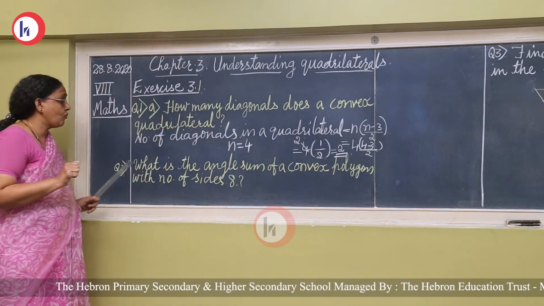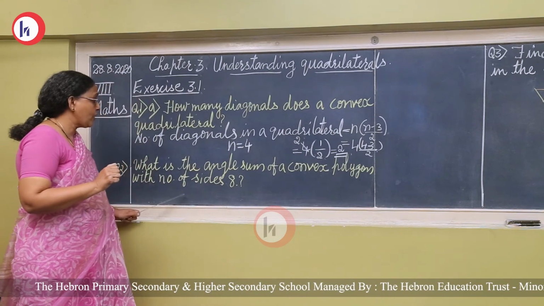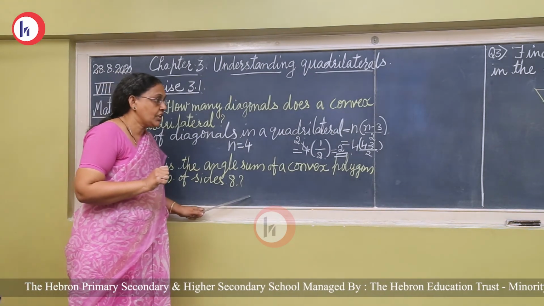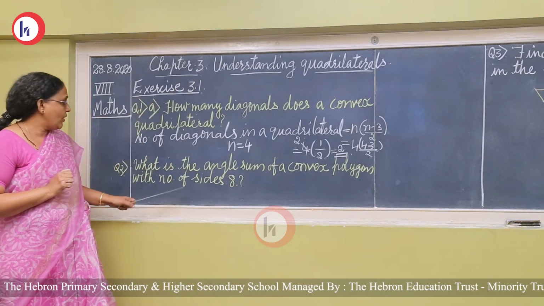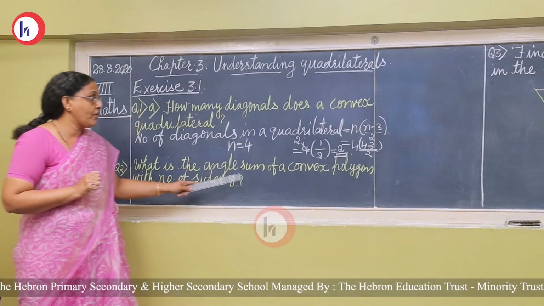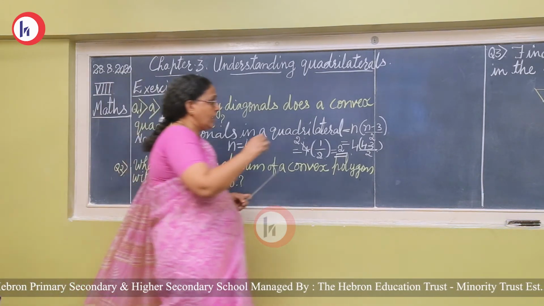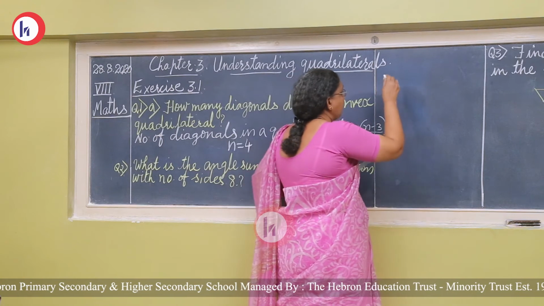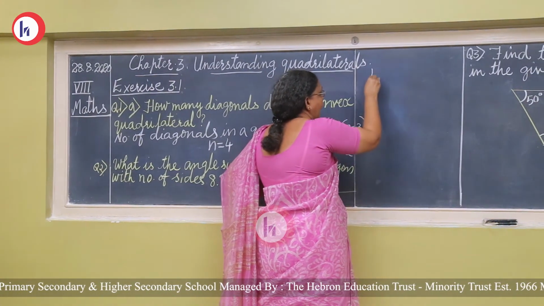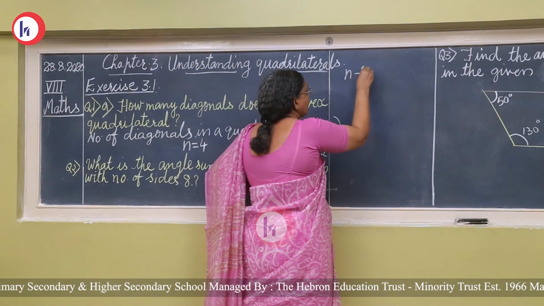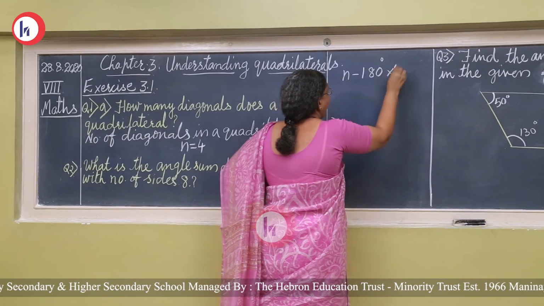Now let us see what is the angle sum of a convex polygon with number of sides 8. This we also learned in the basic terms. What is the formula to find out the angle sum of a convex polygon? That is n minus 2 into 180.